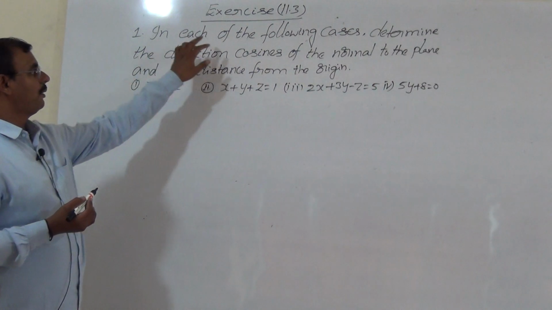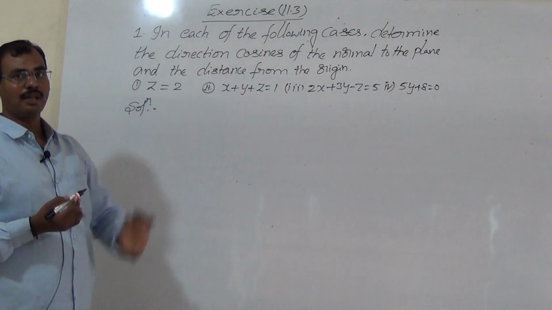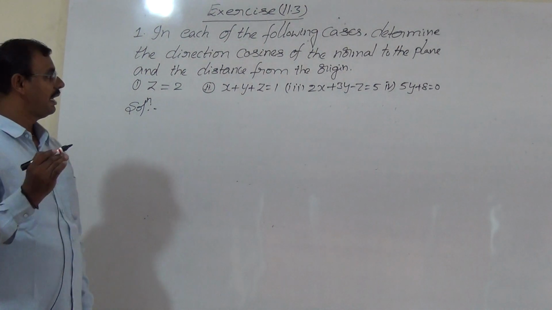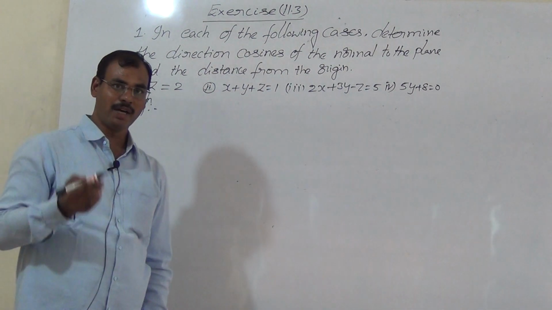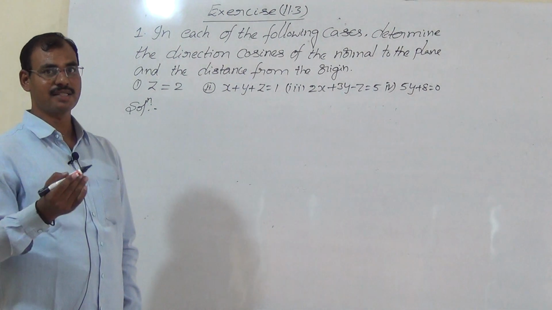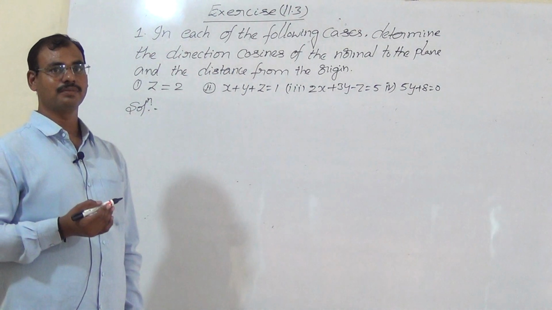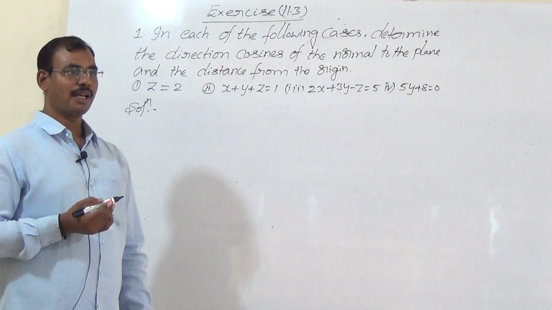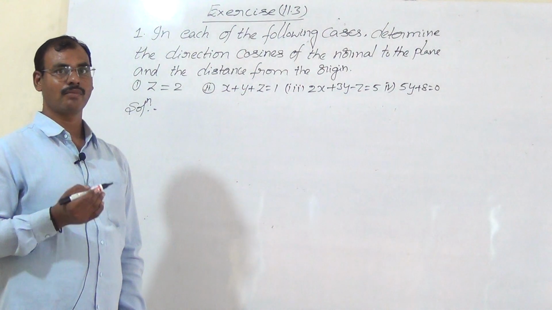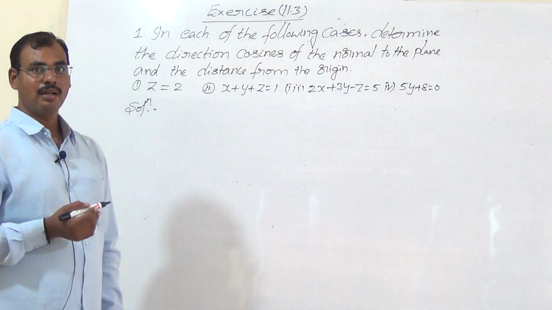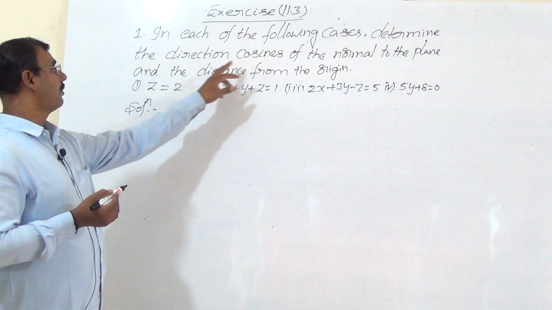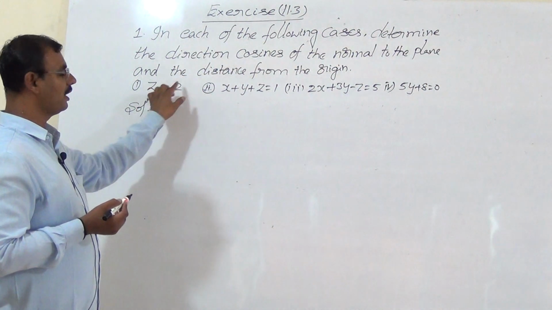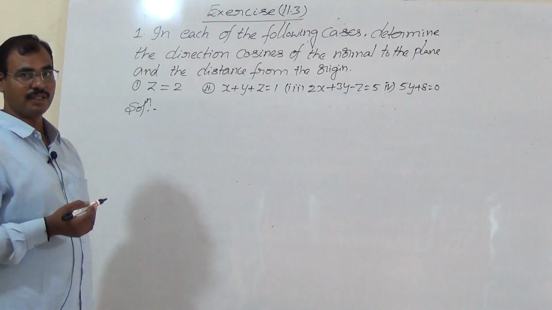The equation of a plane in normal form, in Cartesian form, is lx plus my plus nz is equal to d. Remember, l, m, n are called direction cosines. d is called the perpendicular distance from the origin. So we always have to bring it into the normal form.